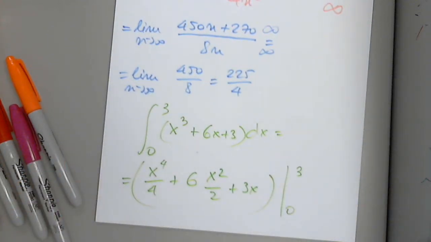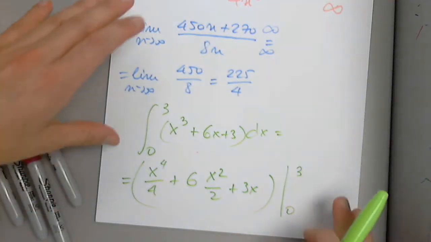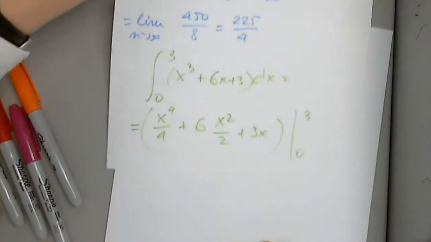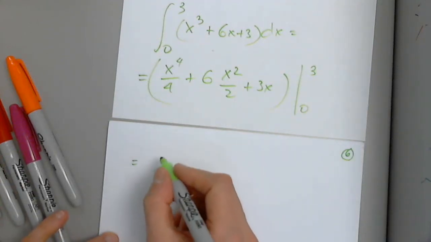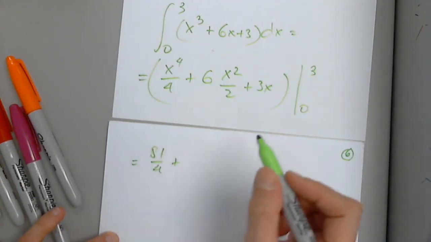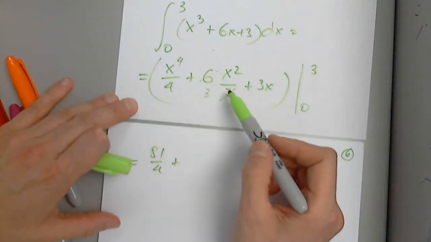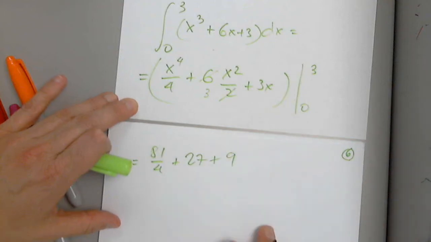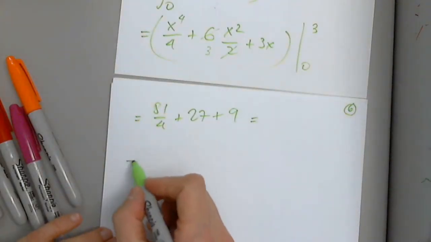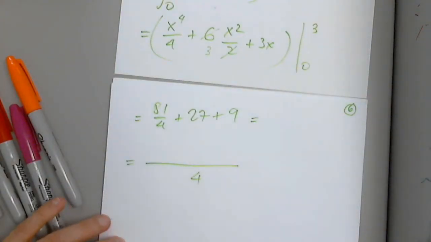Luckily, we don't have to plug in 0 because everything will be 0. So let's plug in 3 and see what we get. So 81 over 4 plus this is 9 times 3, 27, and plus 9. The least common denominator is 4.